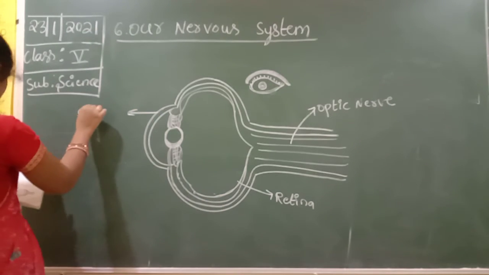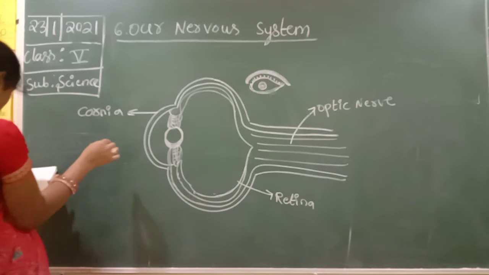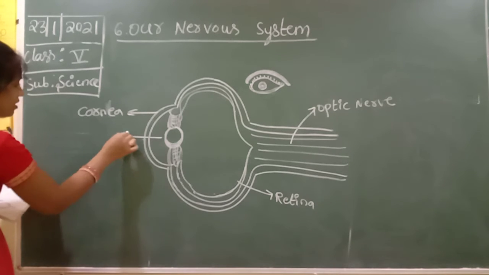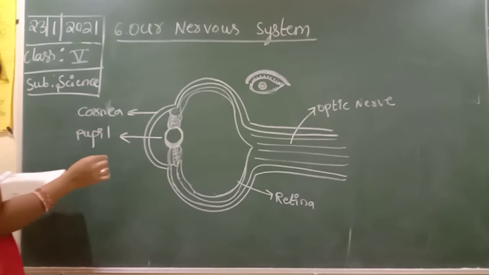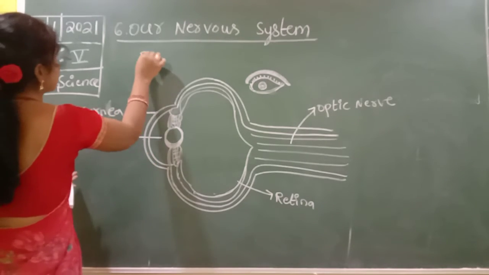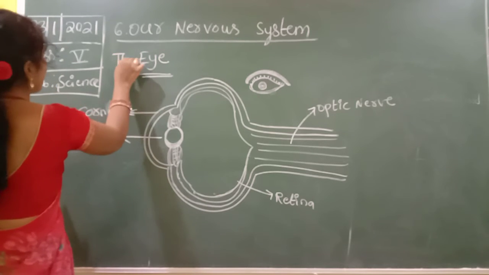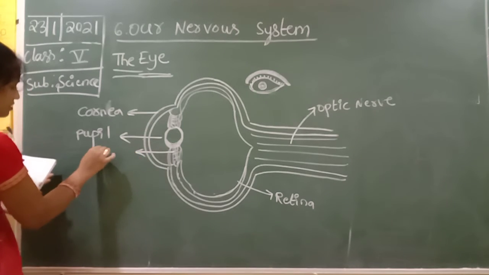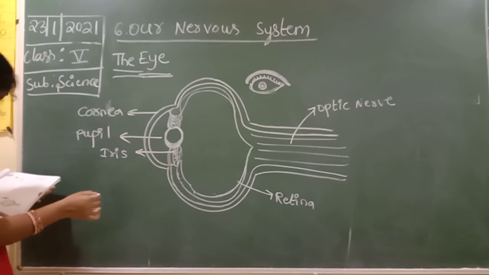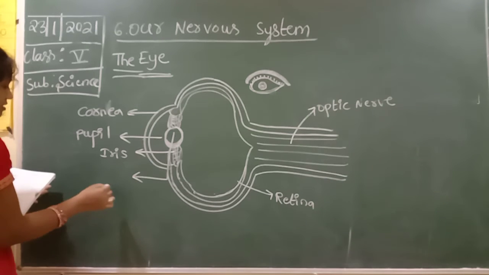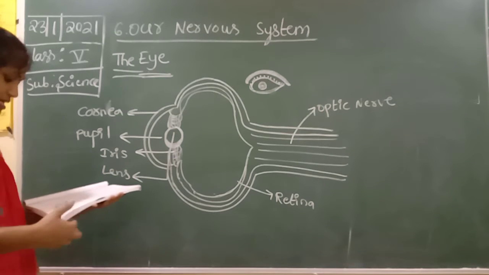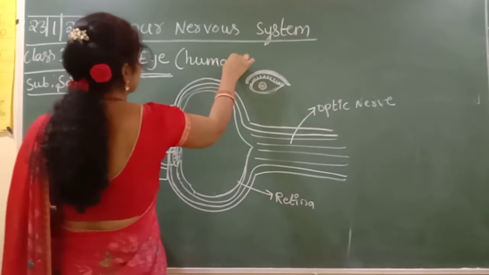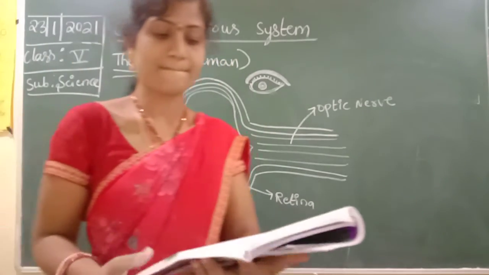It is called cornea. Pupil, iris, lens. The human eye.